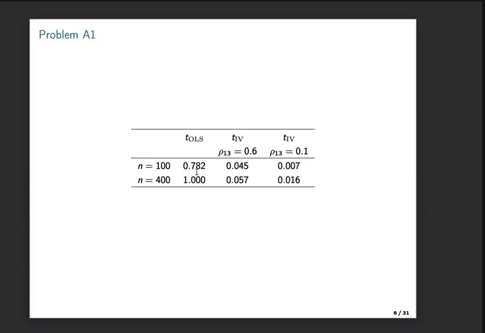For the TOLS, for n equal to 100 and n equal to 400, I find it slightly different than for the first value, that 0.782. I find that it's 0.782 and the 0.755 for n.